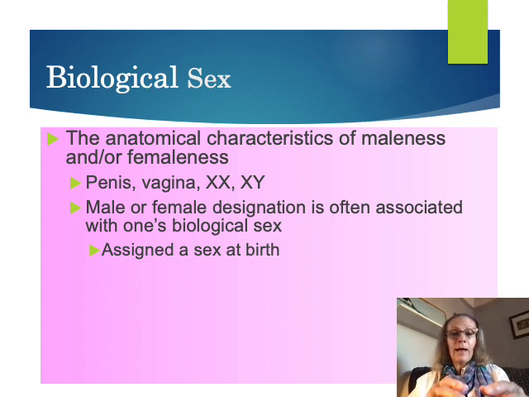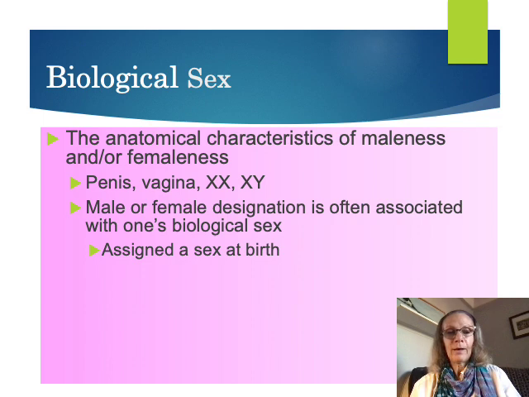If the baby pops out and has a vagina and ovaries on the inside, then they would be assigned female at birth. And so when we talk about biological sex, we're usually talking about the designator of male or female.